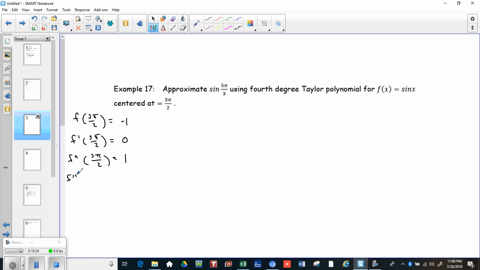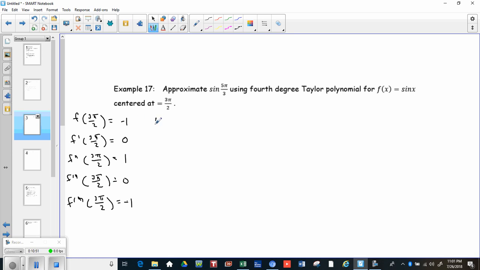F triple prime is going to be another cosine. So it'll be negative cosine this time, but it's still going to give us 0. And then the fourth derivative, which is what we're looking for, is the last one, should get us right back to negative 1, because that should be sine. So we will now have a fourth degree Taylor polynomial created by these terms.